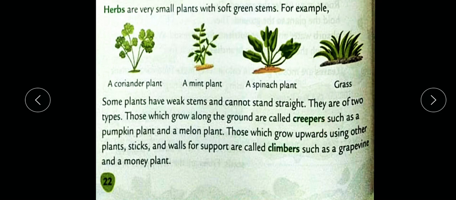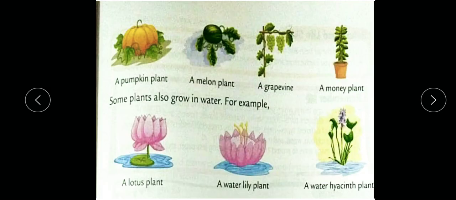They just grow along the ground, so they are called creepers. Example, pumpkin plant, melon plant. They just grow along the ground.